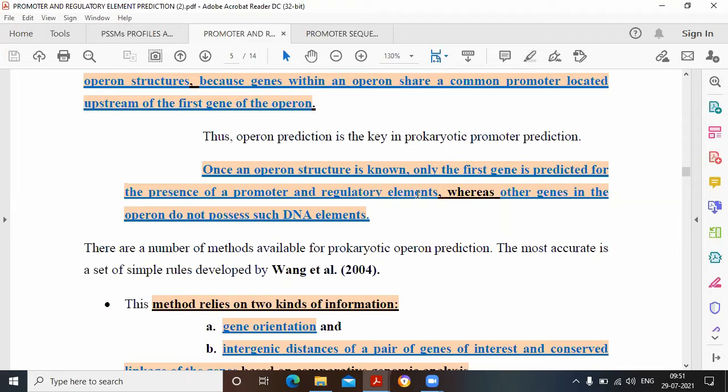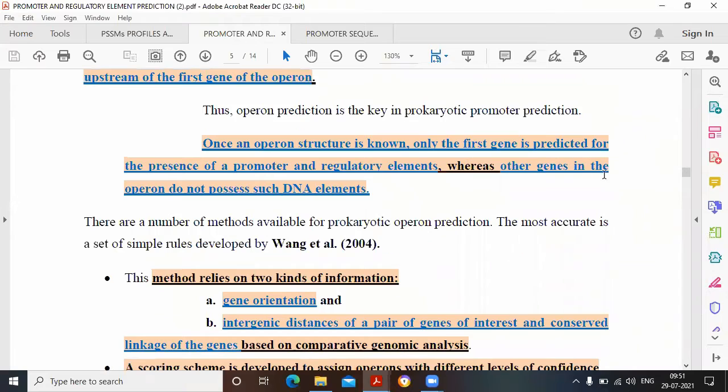So if we consider the first operon, the promoter and regulatory elements that are found are only related to the first operon, and we are not giving importance to the next operon or the genes expressed on it. Whereas the other genes in the operon do not possess such DNA elements, because when the other genes are expressing, linked with the promoter of the operon, the operon has already started working and those genes already start transcribing.